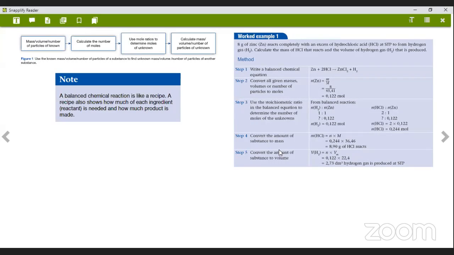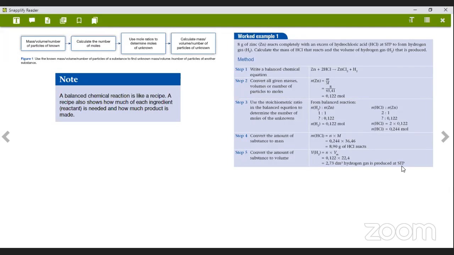Okay. And then now we convert the amount of substance to volume. So they ask that for the hydrogen gas. So here what we say, it's a different formula. We're going to use the STP volume, and that's going to be n times Vm. So it's going to be 0.122 times 22.4, and this is what is going to give you in dm cubed hydrogen gas is produced at STP.